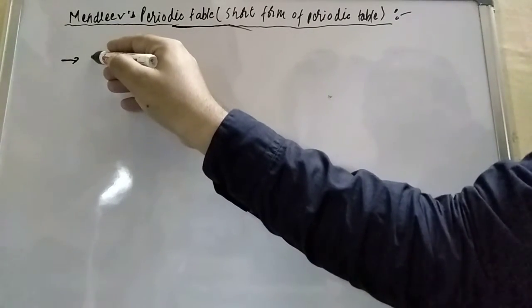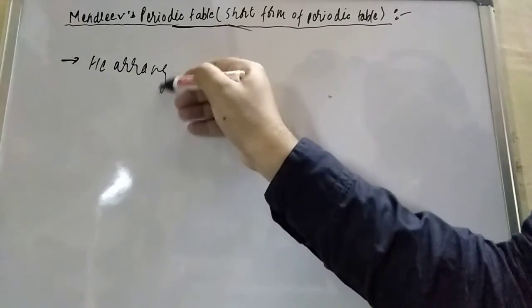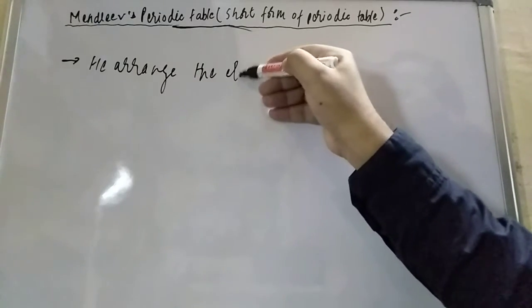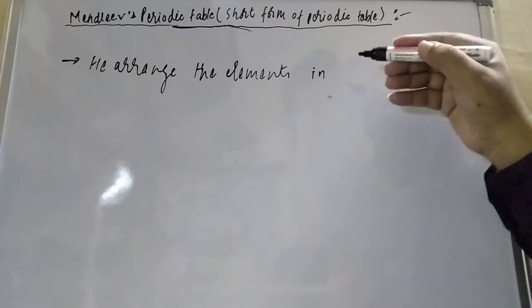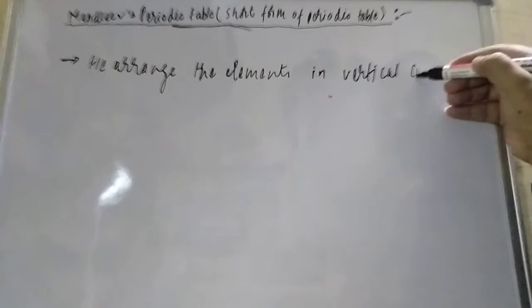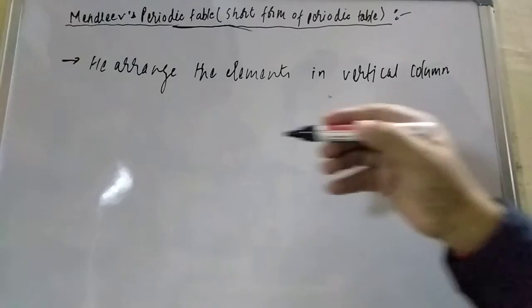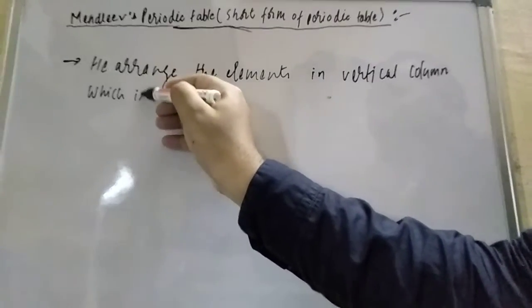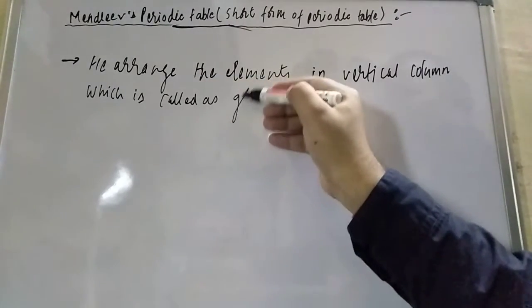He arranged the elements in vertical columns, which are called groups.